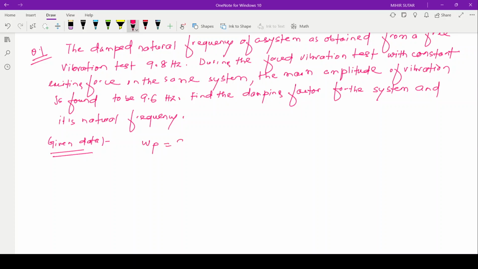Omega p is given 9.6 Hz and omega d will be 9.8 into 2 pi radian per second, and so this is also 9.6 into 2 pi. You convert this to radian per second.